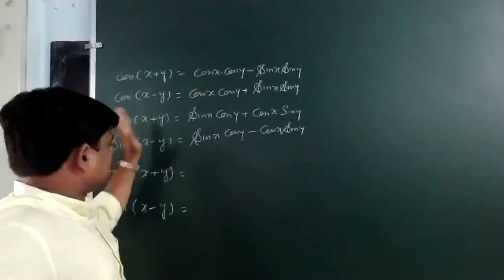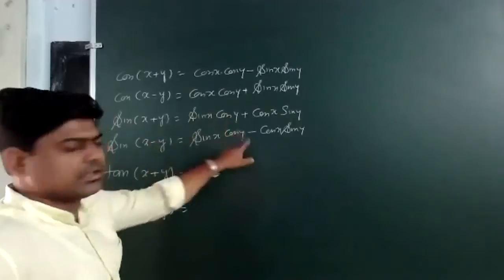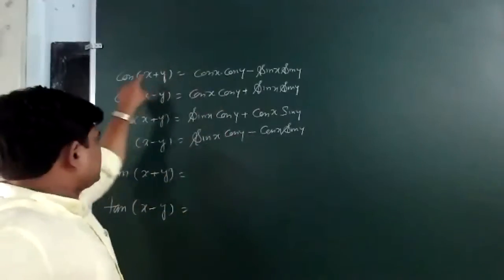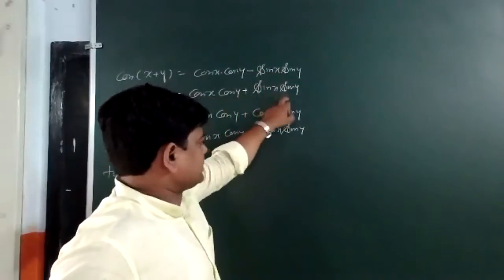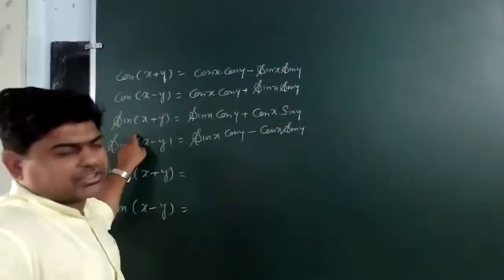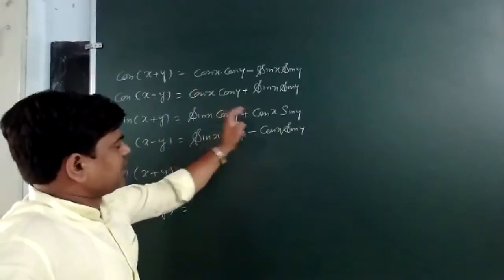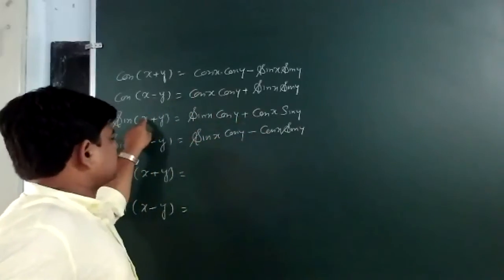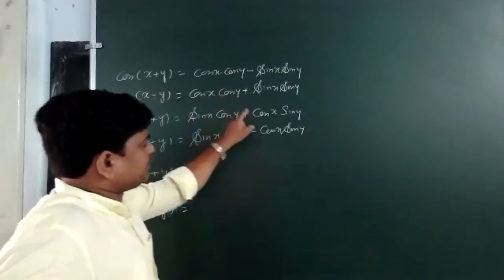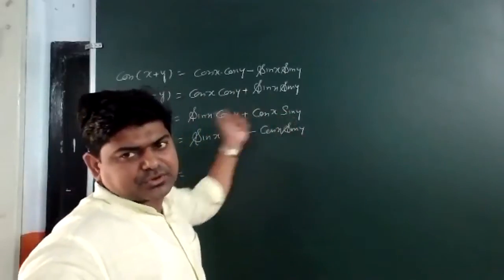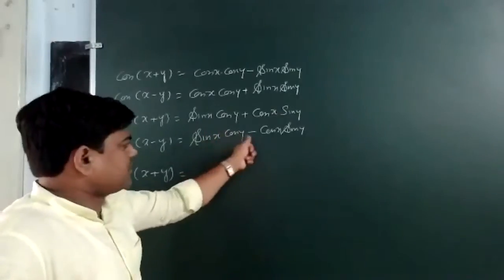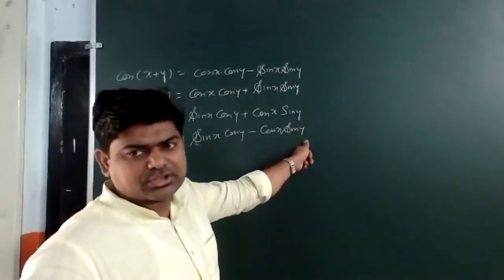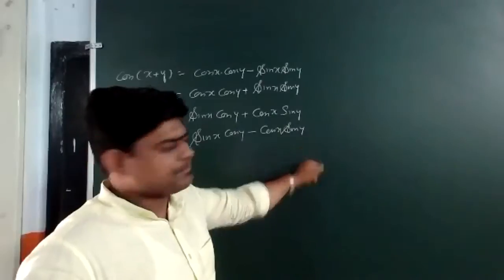But in sine, it is the same: plus then plus, minus then minus. In cos, we take cos cos, sin sin. But in sine, it is not like that. It is sine cos and cos sin, x and y. Sin x cos y plus cos x sin y. If it is minus, I will take a negative sign: sin x cos y minus cos x sin y. Easily we can write.